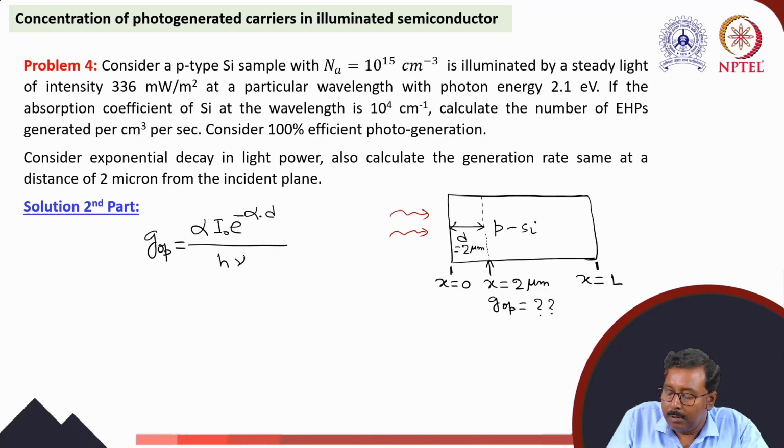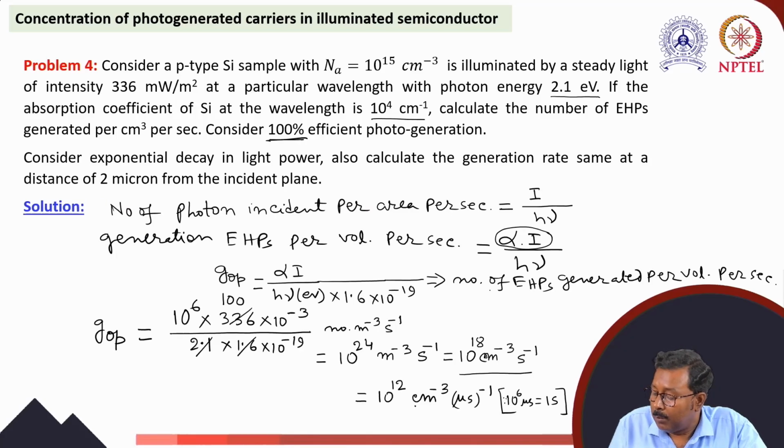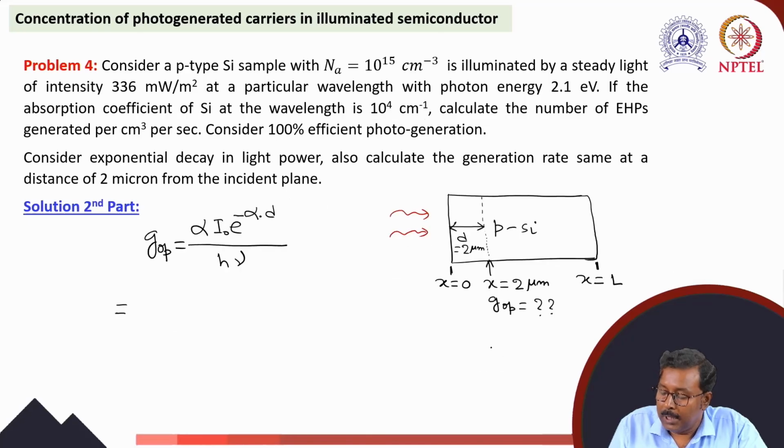The same procedure, only the additional term e to the power minus alpha d will be appearing. The same way you calculate as in the last problem, that 10 to the power 12 per centimeter cube per microsecond or 10 to the power 18 per centimeter cube per second.